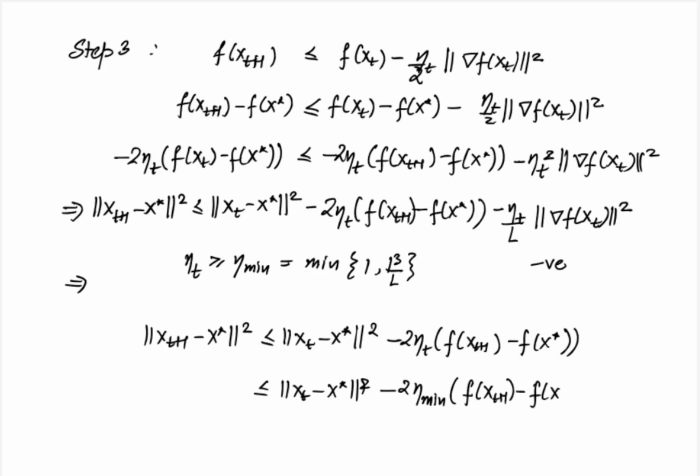So the only difference between what we get for backtracking line search and for gradient descent is that here f of xt is replaced with f of xt+1. But this is not a big change, and as we will see later, this will not matter much in the entire analysis.